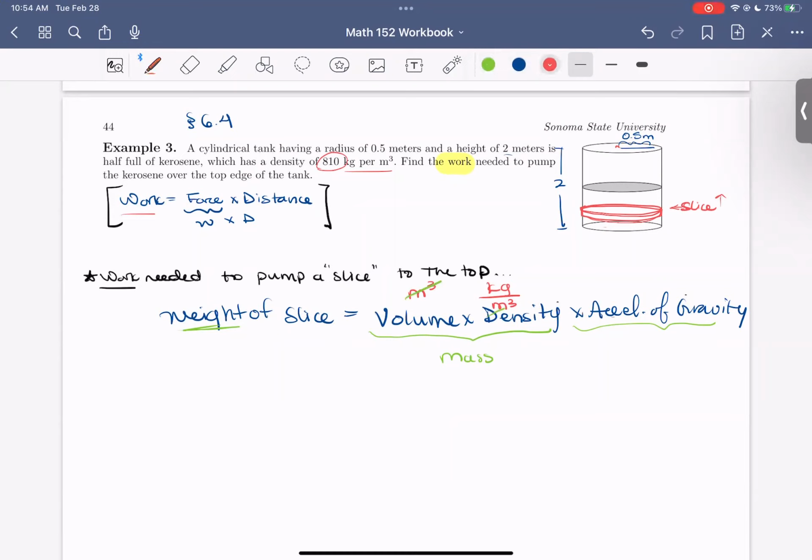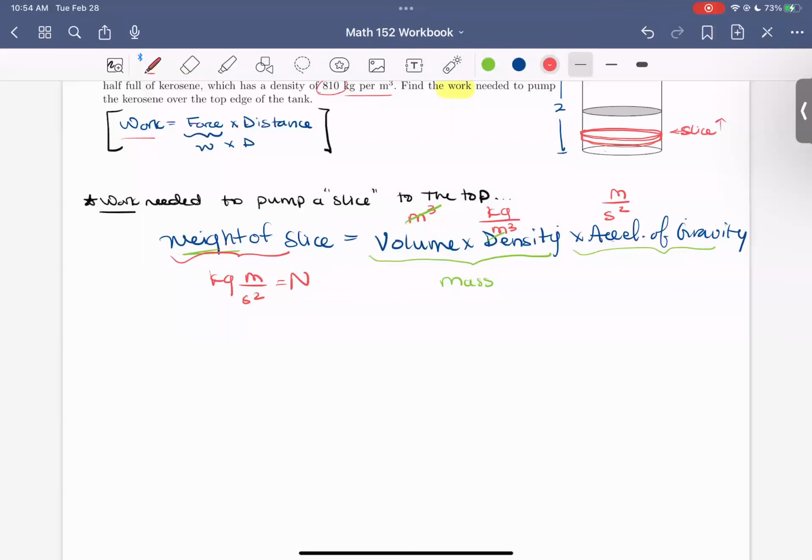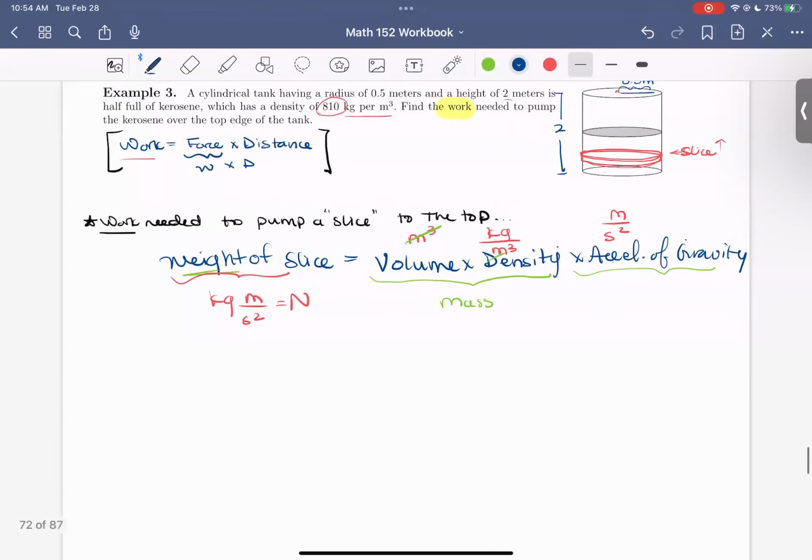Then the acceleration due to gravity is in meters per second squared. So the final units would be kilograms meters per second squared, which are newtons, which is what we want. Okay, so let's go ahead and fill in this information with what we know.